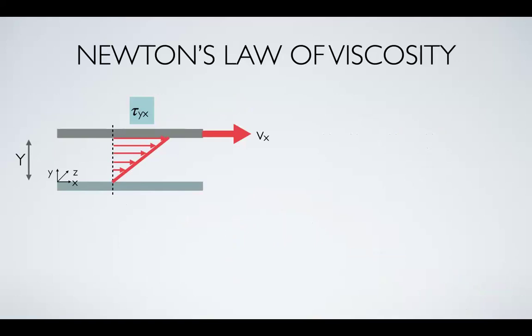When we pull the top plate, the liquid between the two plates starts to move along the top plate as well. The force that is acting on the liquid in contact with the top plate is this shear stress, tau yx.